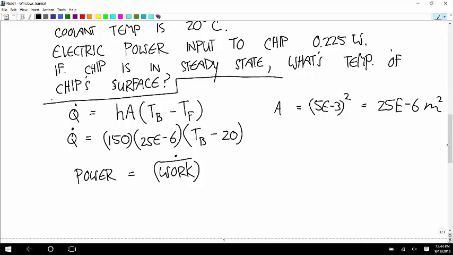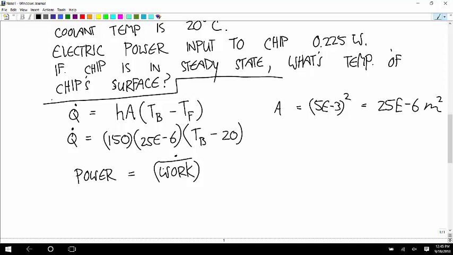And so we have to think about if we're going to transfer this into W dot for the equation, is that electric power adding energy to our system? Well, what's our system? The chip is our system, so is that electric power adding energy to the chip or taking it away?